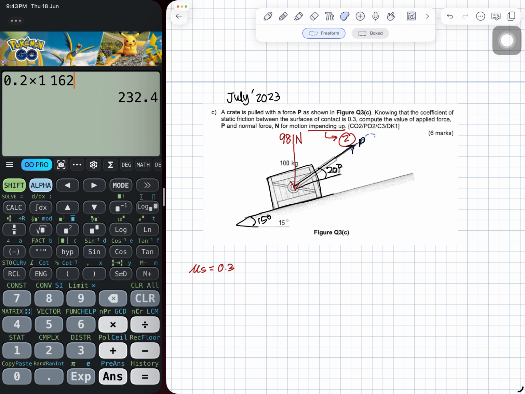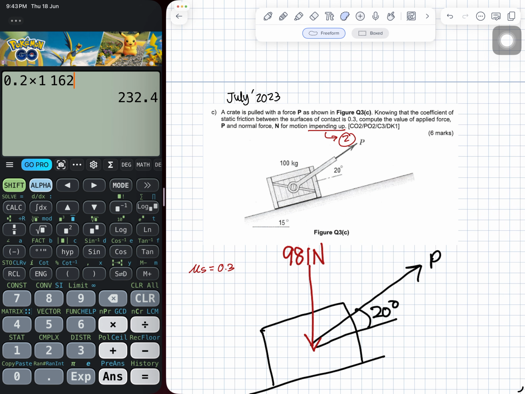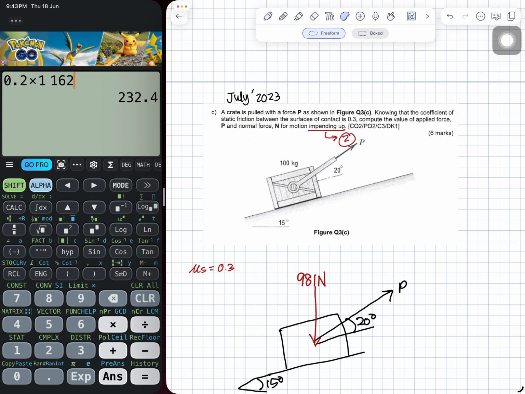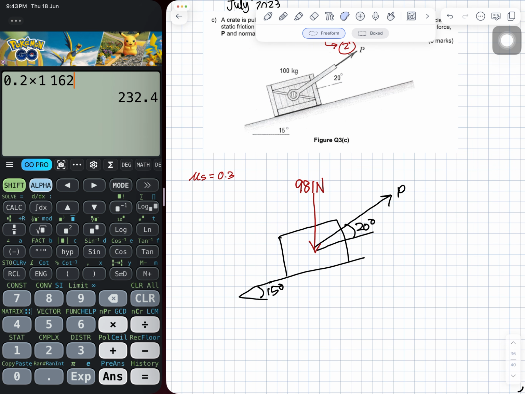This is not complete yet, I just want to copy. Let's enlarge this image. So we have here W, force P, and then the inclination angle of 15 degrees.